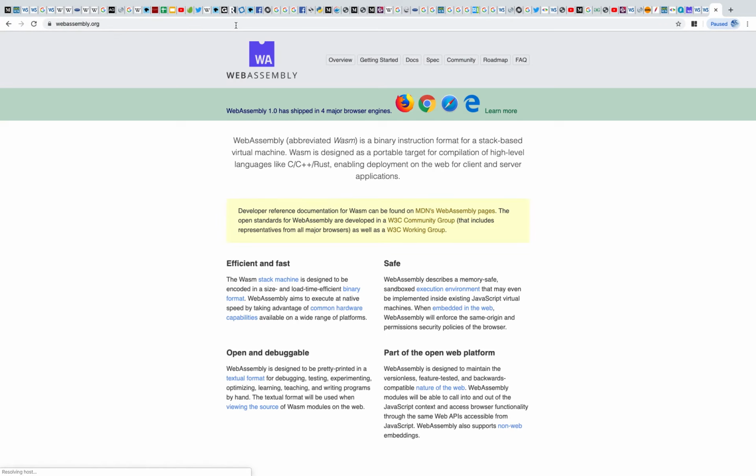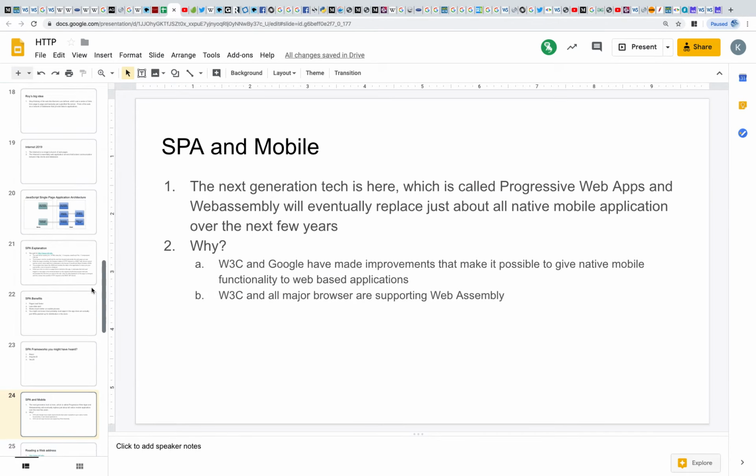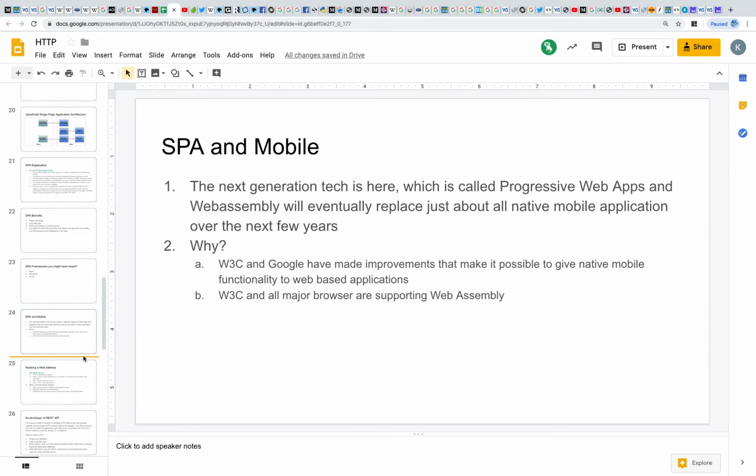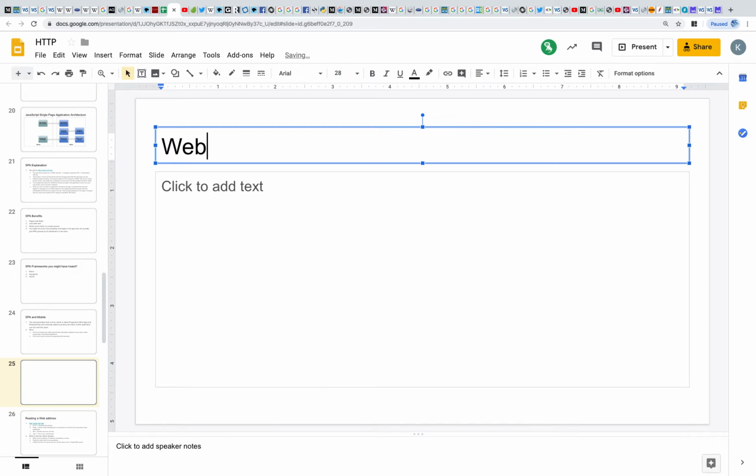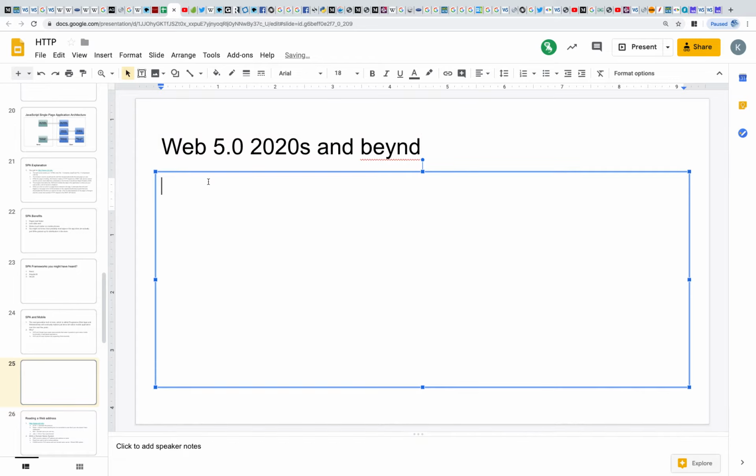Let's call this, in my little presentation, Web 5.0, 2020s and beyond. So one, we talked about progressive web apps.